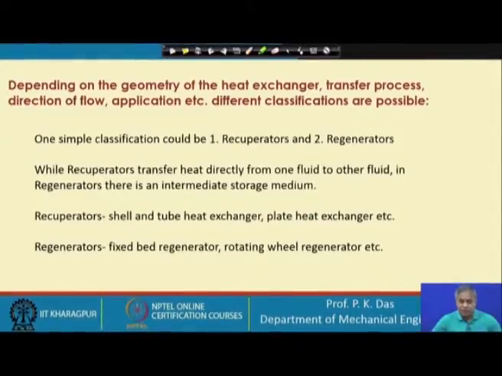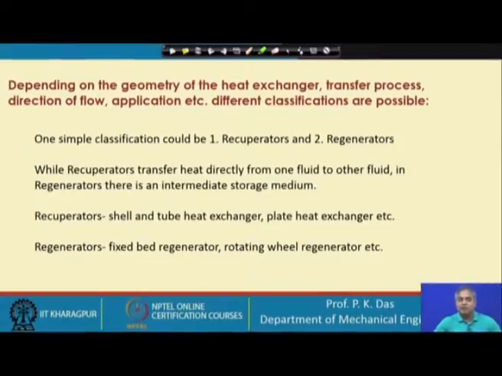One simple classification could be that heat exchangers can be divided into two broad classes, recuperators and regenerators. Recuperators transfer heat directly from one fluid to another fluid. Of course, these two fluids may or may not mix with each other.